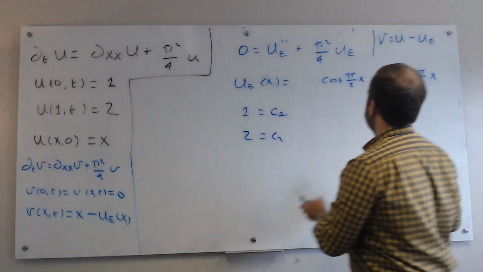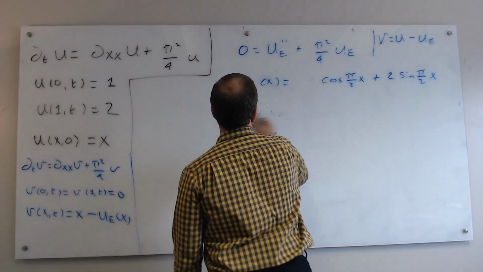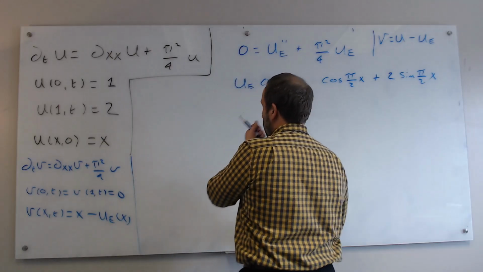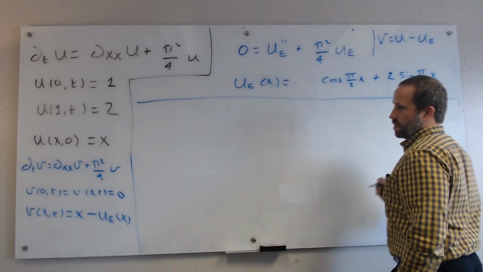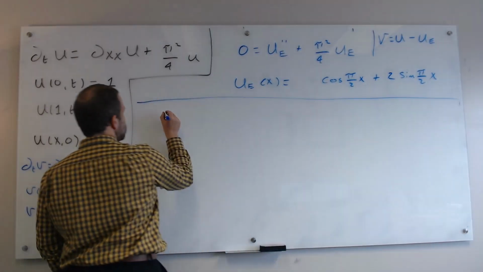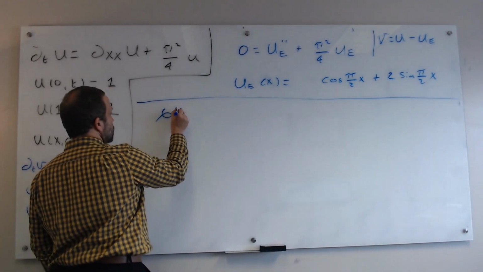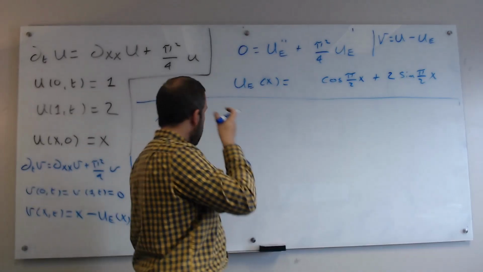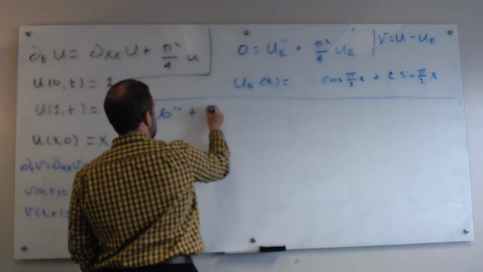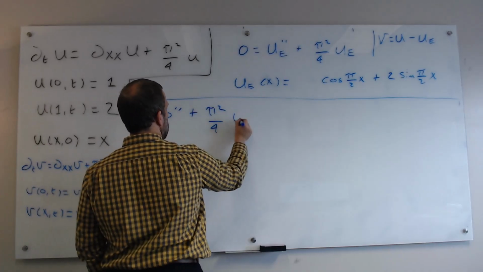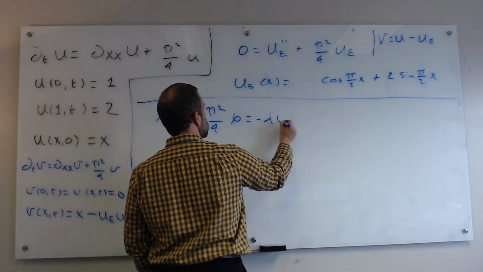So now we want to think about solving v. Okay, so how do we solve v? Well, it's a homogeneous equation. If we do separation of variables, or eigenfunction expansion, the equation for phi is going to be phi double prime plus pi squared over 4 phi equals minus lambda phi.